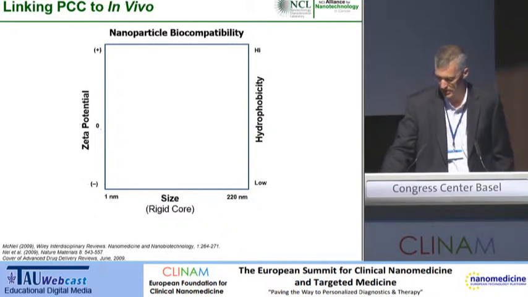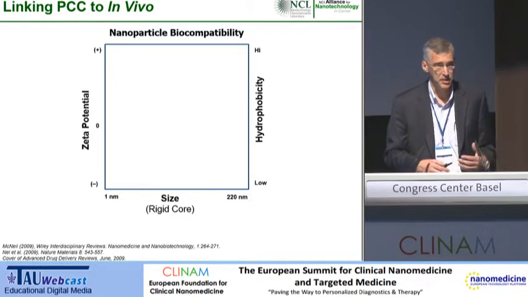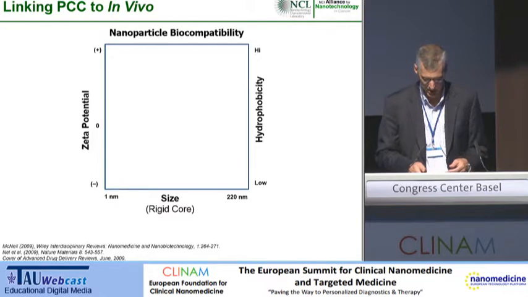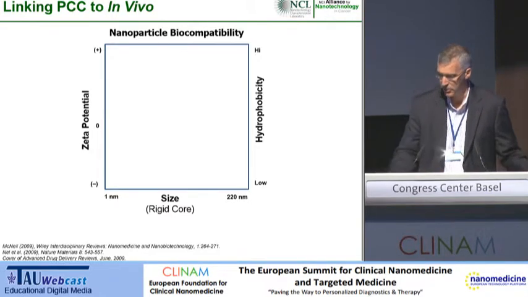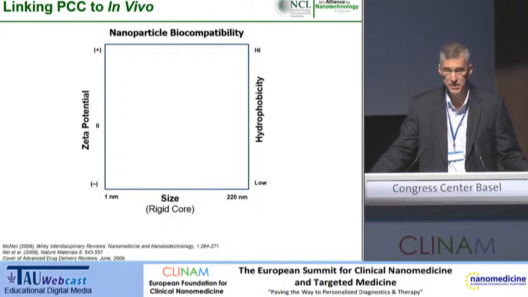So I'll start with something that's now fairly old and been published a number of times, and that is our observation and trends on how physicochemical parameters influence biocompatibility. Out of the very long list of parameters that we initially characterized when we started the NCL 10 years ago, we were able to narrow that down to 3 main influential parameters, being zeta potential, or more or less the surface charge, the size of the particle as monitored by the rigid core, and I'll define that here in just a second, and the hydrophobicity.